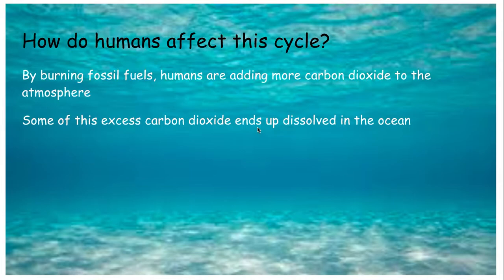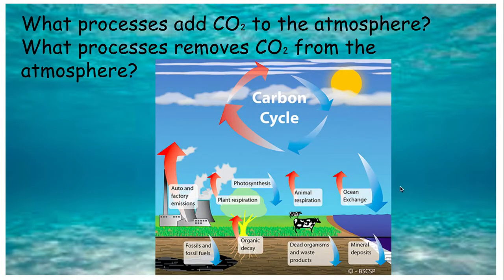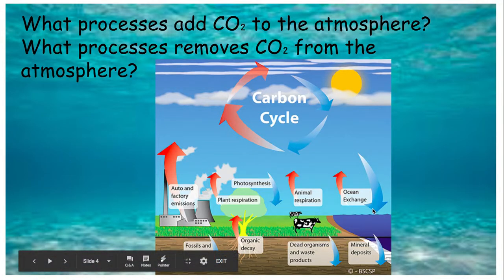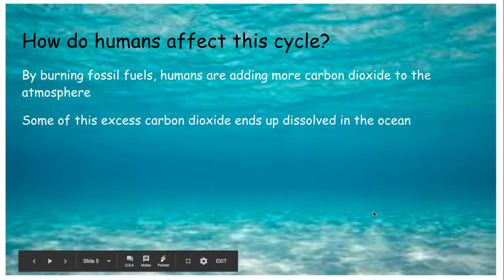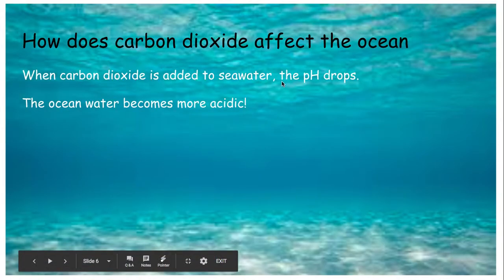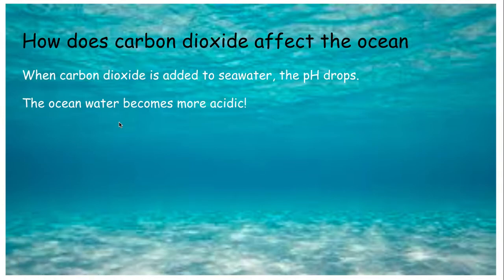This blue arrow has gotten a lot bigger. And what that does is it creates carbonic acid. Now, carbonic acid, like any acid, will drop your pH, so your water is now more acidic. And we call this process ocean acidification, the process of the oceans becoming more acidic.